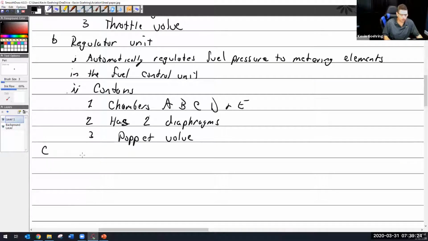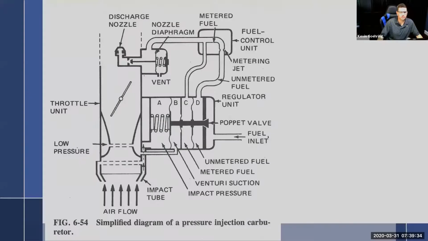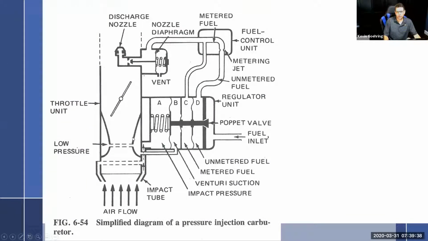And then we have our fuel control unit. I'm going to work from this one. In this drawing, I like it because it has our regulator unit, which is what we talked about down here. We could even add smaller things like the idle spring. The fuel control unit is represented right here with the main metering jet. In the simplified diagram, it's up here.